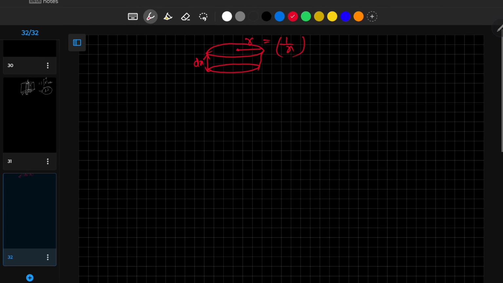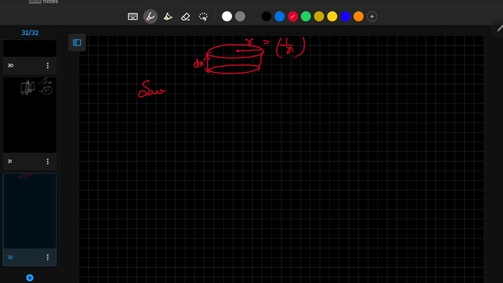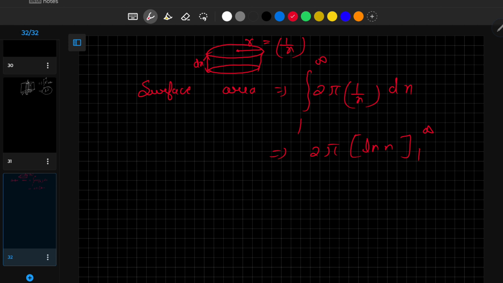So the surface area would be 2 pi times 1 by x into x. And the integration would be the same, from 1 to infinity. And now you would see it is going to approach infinity.